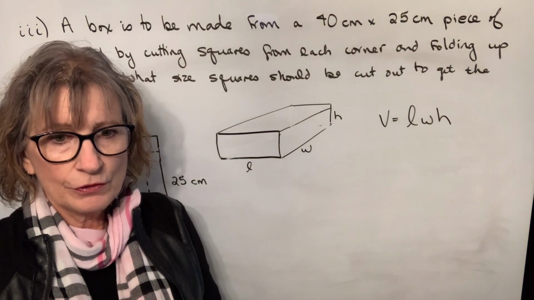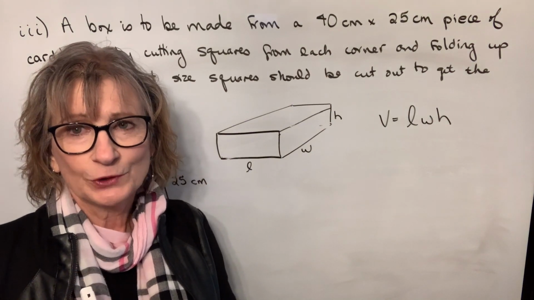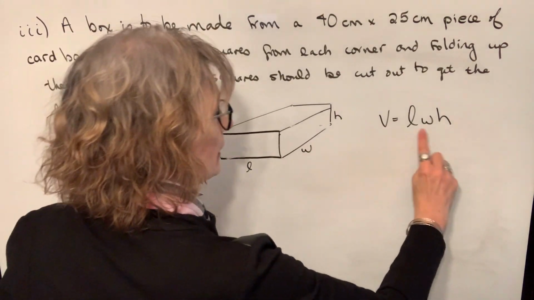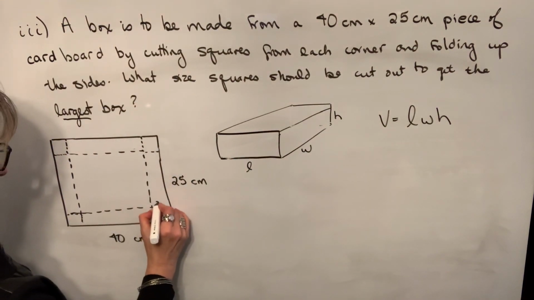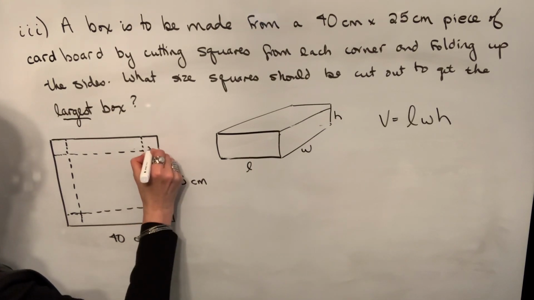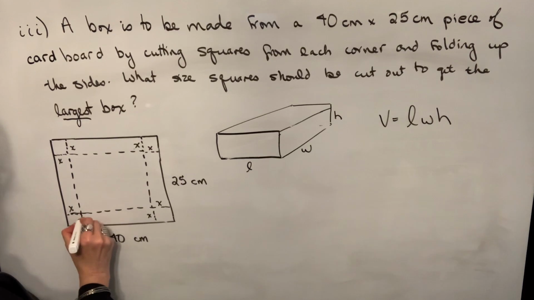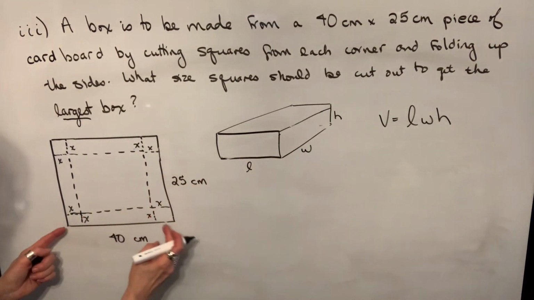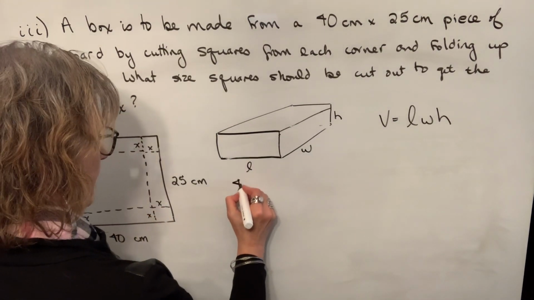And in order to do optimization problems, you only want one unknown or one variable. So we're going to try to write volume in terms of just x. I'm going to let these corners be x. And then I'm going to express this length as 40 minus 2x.